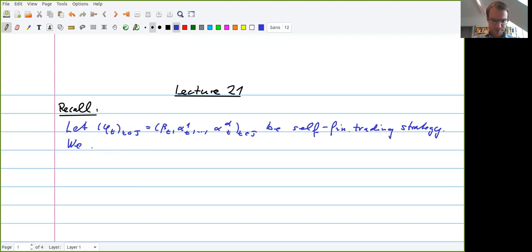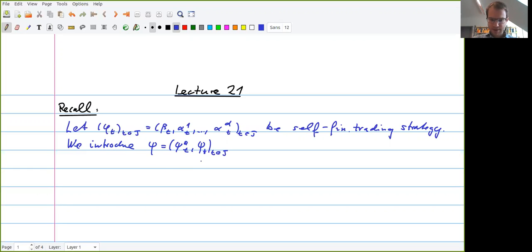So we use phi, where we again have our amount in the risk-free asset and D positions in the risky asset.